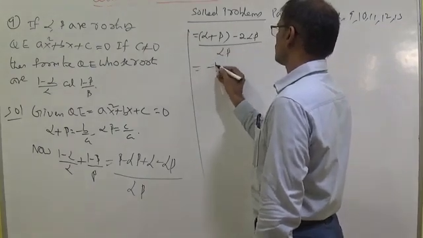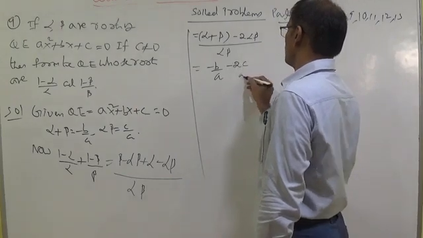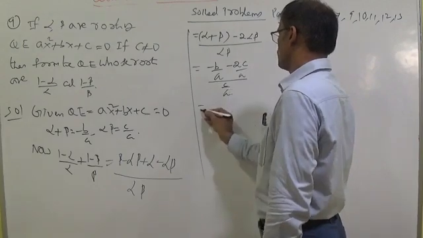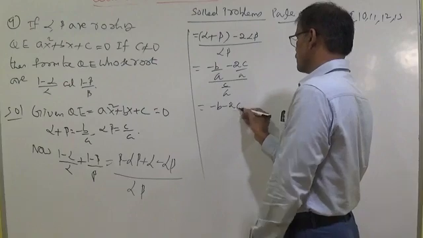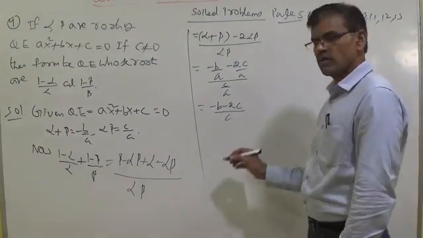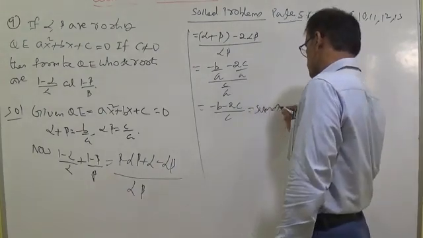Using the formula, alpha plus beta is minus b by a, and this is 2c by a, and the denominator is c by a. So now you can write minus b minus 2c whole by c. This is the sum of roots.